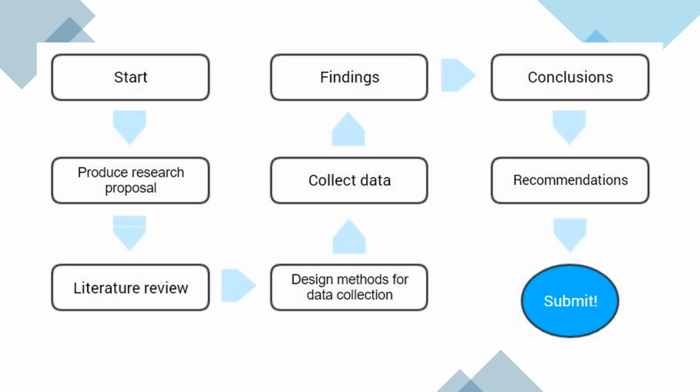Then you will design the methods for data collection, which method you are going to use, for example, if it's quantitative or qualitative research, you need to follow the steps or the objective to collect the data. And then you start collecting the data, then you will start answering the research question or finding your aims. Okay, so that's called the key findings or the results.